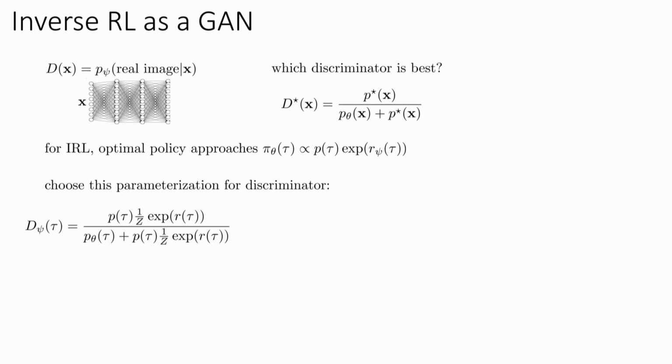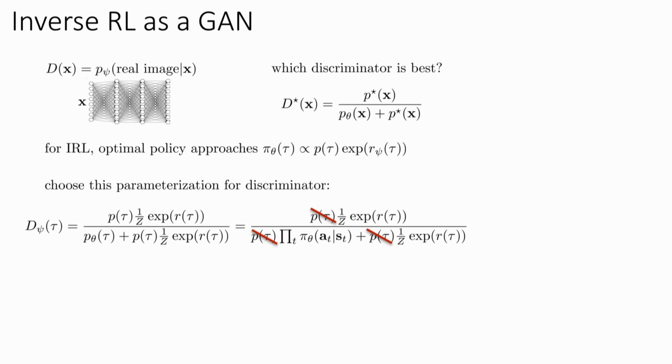Now, what we're going to do from here, of course, is plug in the definition for these distributions, and because they're both coming from some policies, just like before, all the transition probabilities will cancel, all the initial state probabilities will cancel, and we'll actually recover something very convenient. The p(tau)s represent p(s1) times the product of p(s_t+1), etc. All the transition and initial state terms.